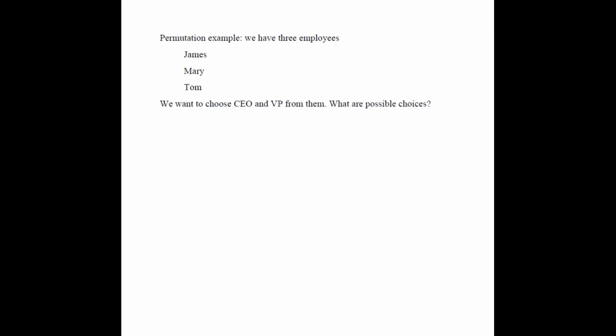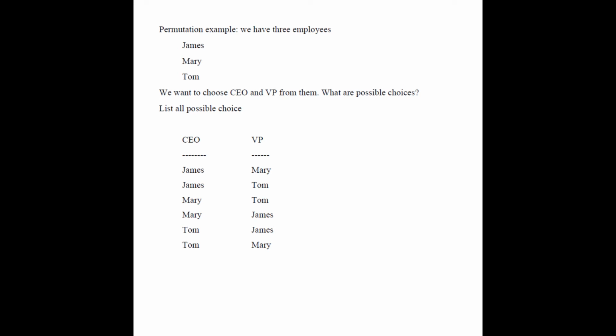In total, we have 6 different combinations. For example, in the first pair, James is CEO, Mary is VP. The second pair, James is CEO, and Tom is VP. Then Mary, Tom; Mary, James; Tom, James; Tom, Mary.